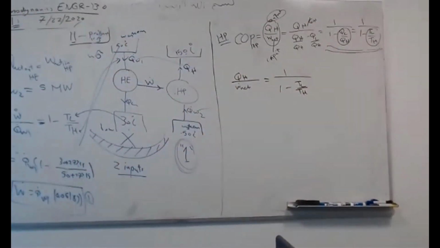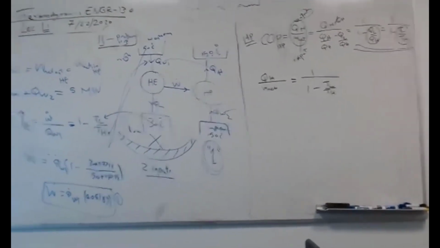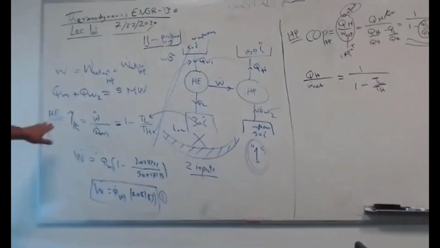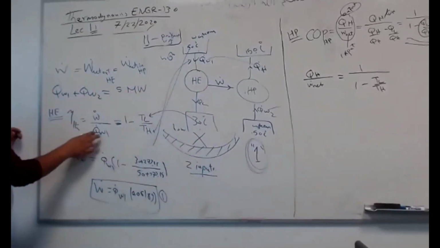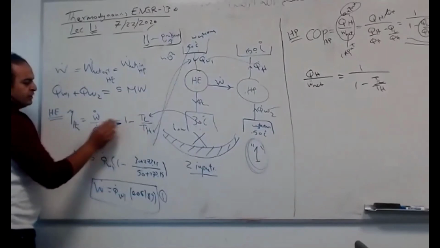Actually, if you notice, this is exactly this equation. This is W dot over Q high. If you turn it upside down, it will be exactly this equation. Q high over W is 1 over this. Correct? So this is W over Q high, 1 minus T low over T high.